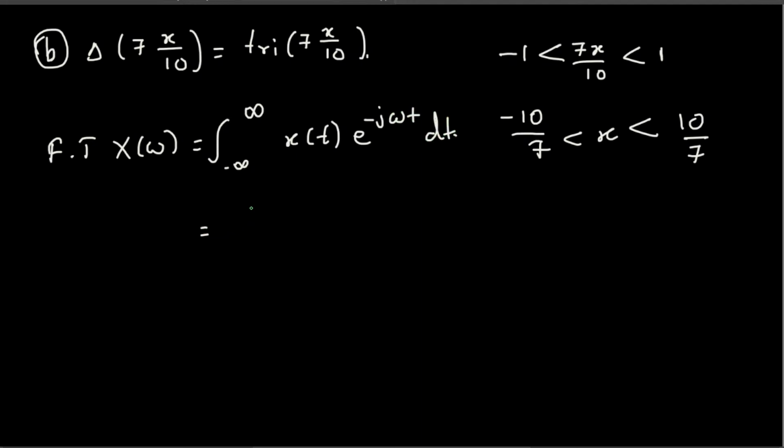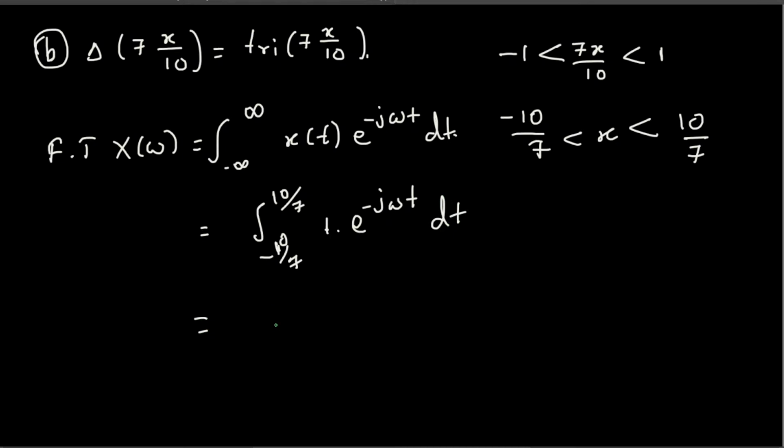In this case our limits of integration are negative 10 by 7 to 10 by 7, and the function is 1 times e to the power minus j omega t dt.